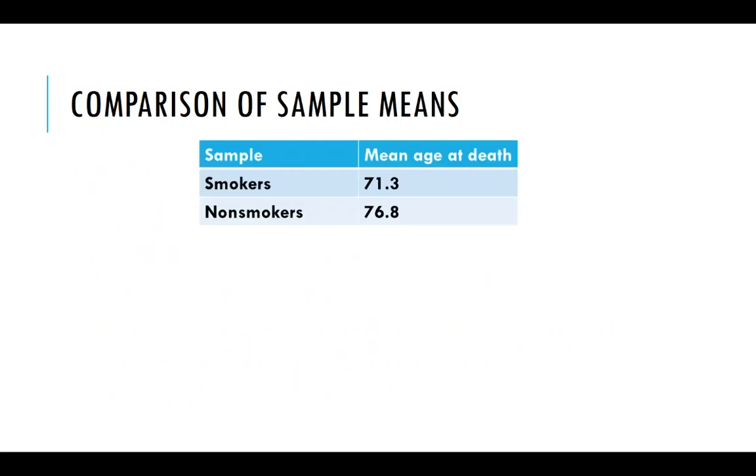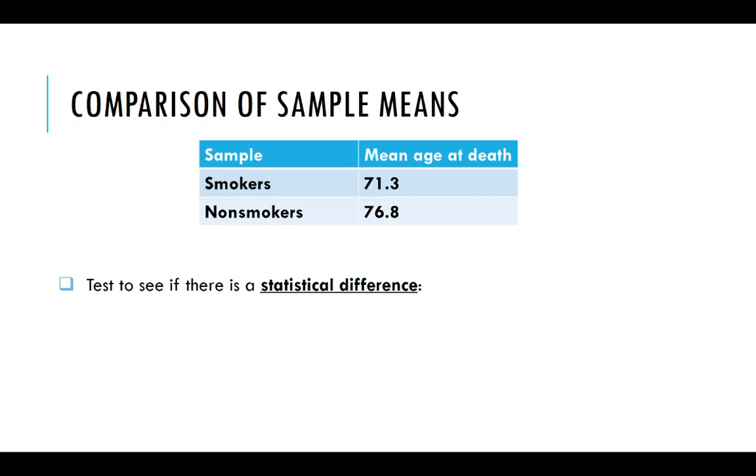Let's say we have our two samples and we determine that the mean age at death is 71.3 for smokers and it's 76.8 for non-smokers. And we see that it's different, right? I'm not trying to say it's identical. I can see that I get a different mean age, but that's not exactly what we're trying to do here. What we're trying to do is test to see if there's a statistical difference. And by statistical difference, we are saying, look, this is not due to chance.